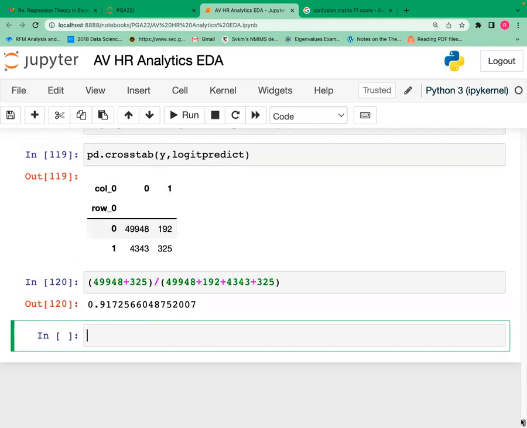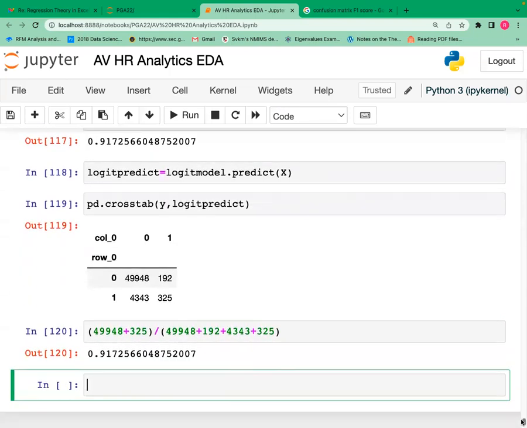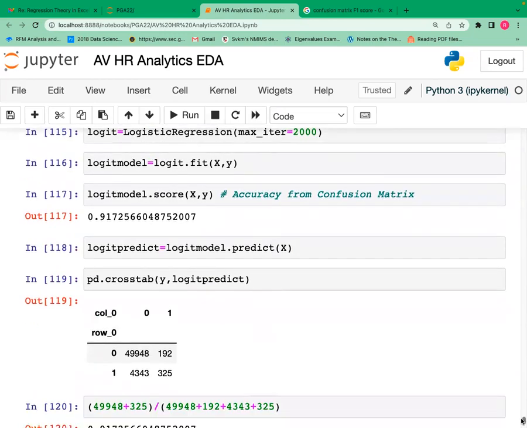You'll get the same 91.72 what you got in the top. See, to the decimal, you'll get the same value. Got the same value, right? So you can see here, this value and the top 91.72 is the same value.